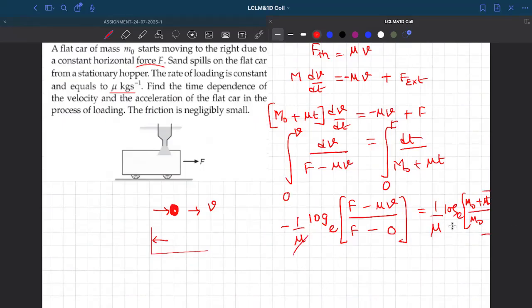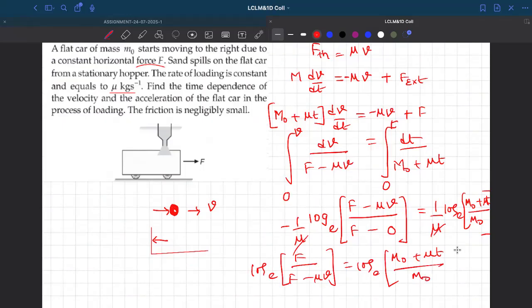Mu cancels, so log e F by F minus mu v is log e m naught plus mu t by m naught.